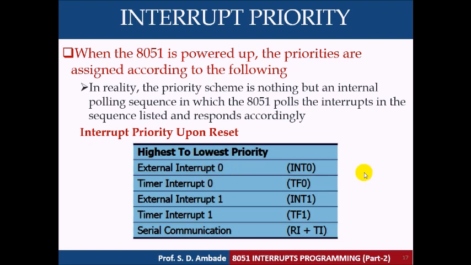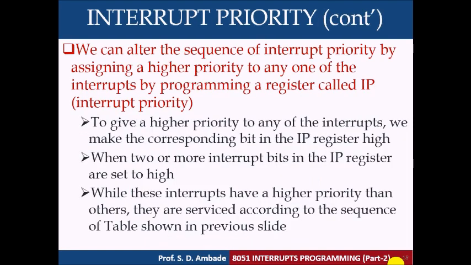So in this way the interrupts have their own priority upon reset. But we can alter the sequence of interrupt priority by assigning a higher priority to any one of the interrupts by programming the register called IP.